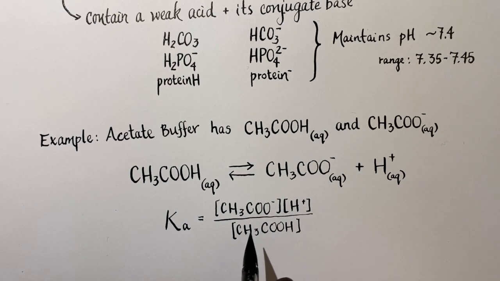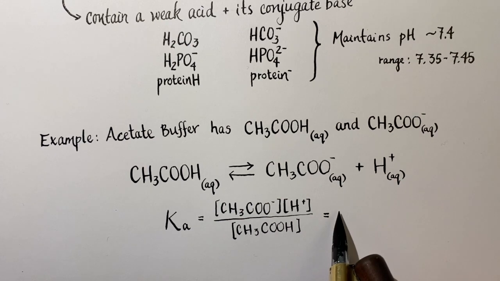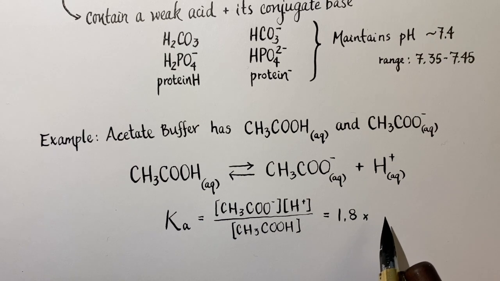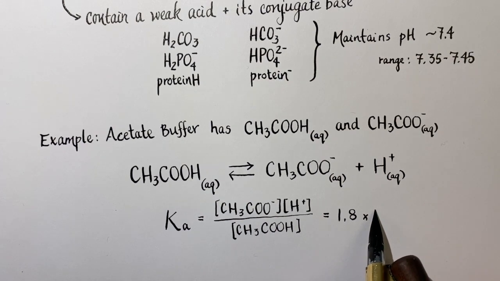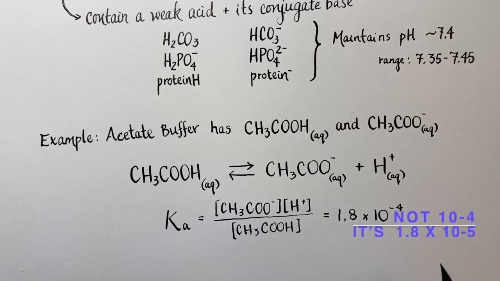So this is the expression, but we want to know what the actual value is. And this is something that you can find on tables. For acetic acid, it happens to be 1.8 times 10 to the minus 4.